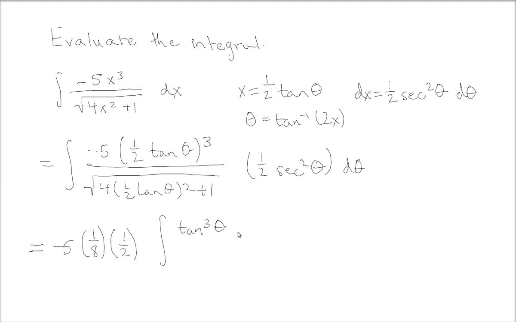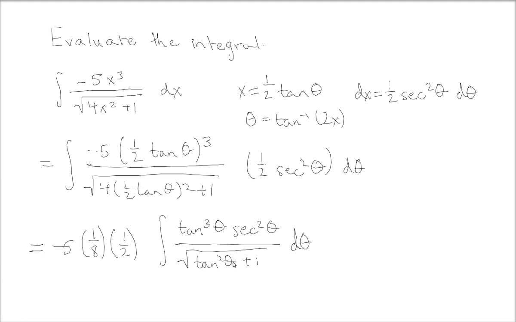And then I'm just going to bring the secant squared up on top also. And then on the bottom, I've got the square root of, so this 1/2 squared becomes 1/4 and cancels with the 4. So I just have tangent squared theta plus 1 left inside my square root and d theta.